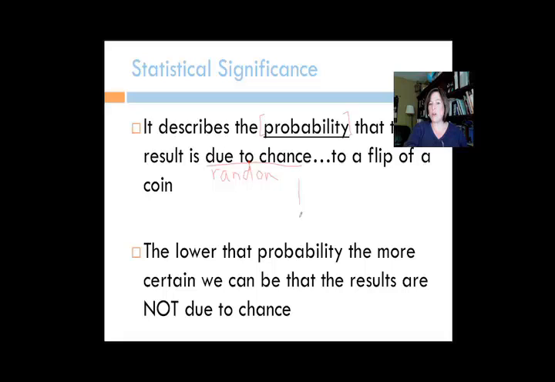And the smaller that number, the smaller that probability, the more certain we can be that it's not due to chance. The smaller the probability, the more certain we can be of finding that relationship in the population as well. That is inference.